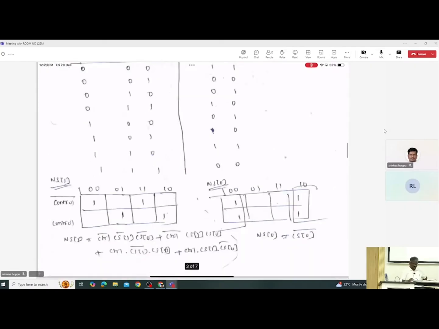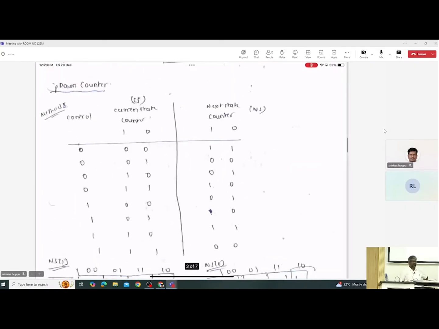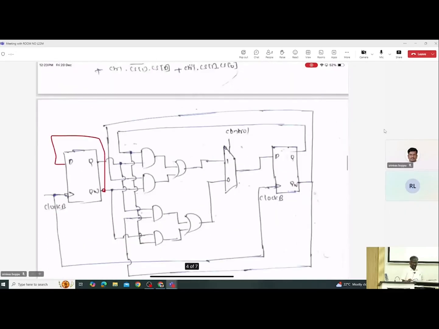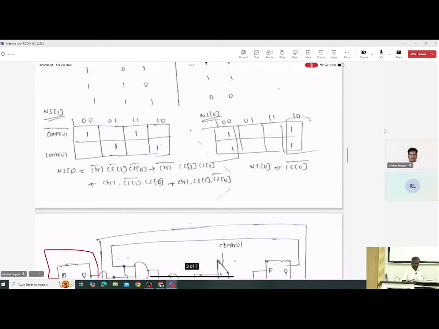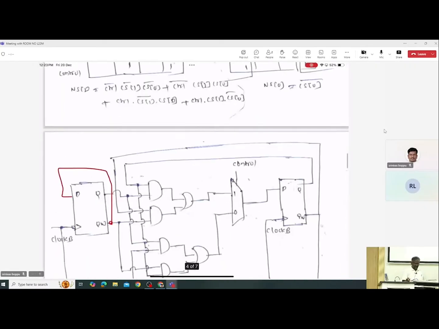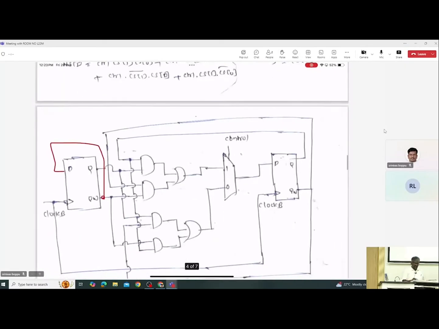So now I will get the next state 1 equation and the next state 0 equation, and now I will just simply write the flip flops. Maybe this is my next state 0, and the left side one is the next state 1. If you look at the next state 0 equation, it is simply the complement of current 0, taken from the negative output and connected.